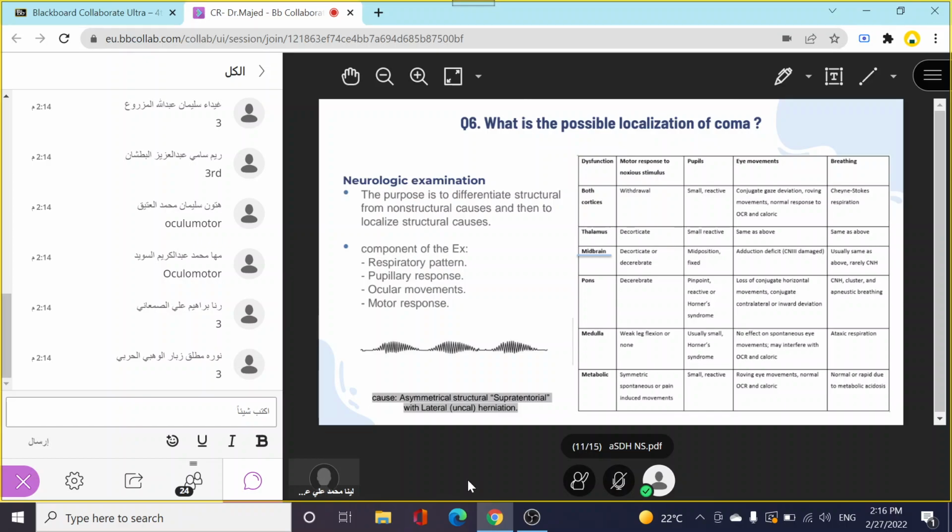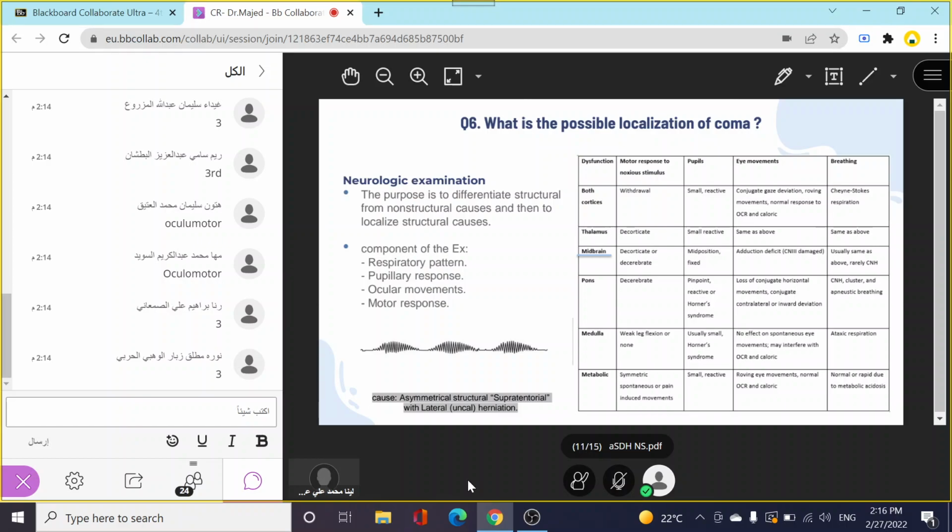So since our patient has a decorticate posture and his pupil was dilated initially due to the third cranial nerve compression, and later on the patient will have a midbrain compression, which will lead to a mid-position pupil. And so the patient will have an abduction deficit due to third cranial nerve damage and the Cheyne-Stokes respiration that we have talked about in the Cushing triad.